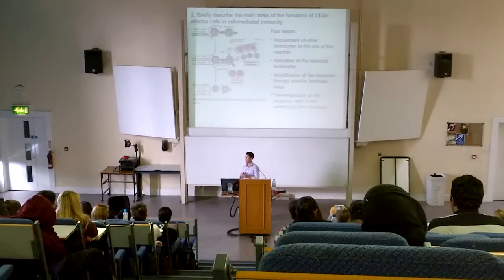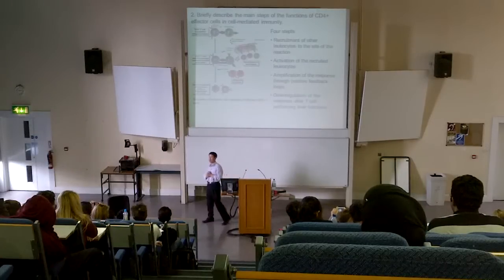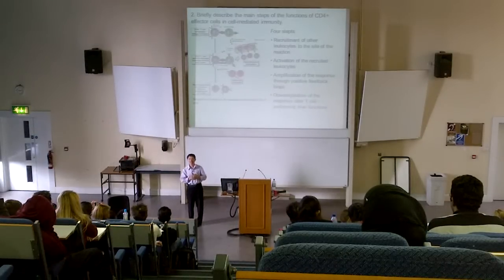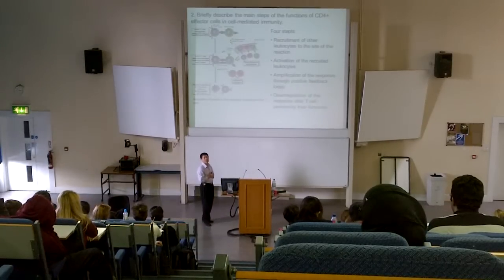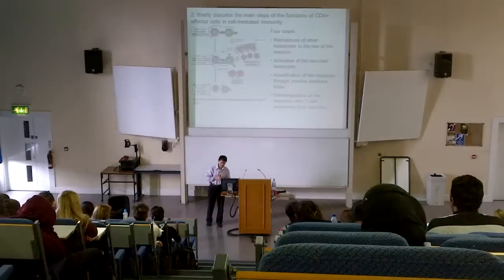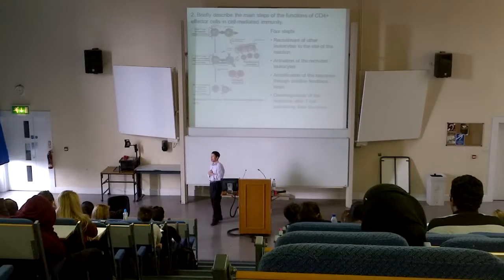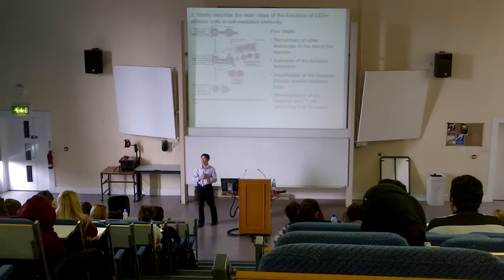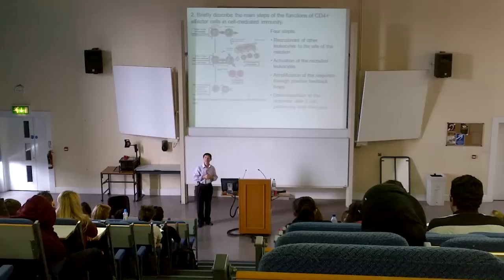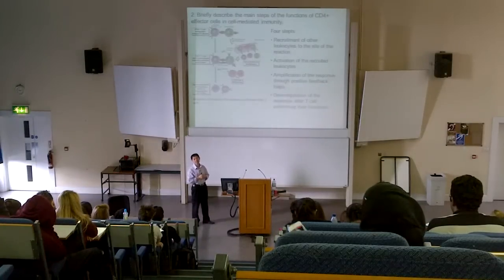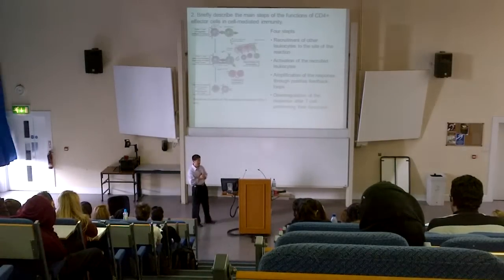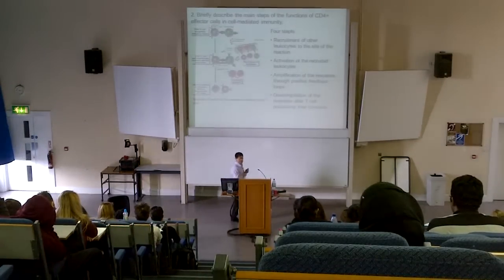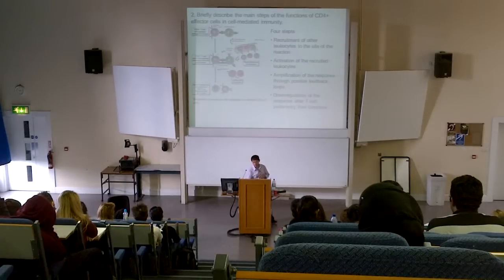So 4 steps. Firstly, recruitment of the cells to the site of infection, and then the recruited cells are activated and secrete cytokines, but the kinds of cytokines secreted are different depending on cell subsets.